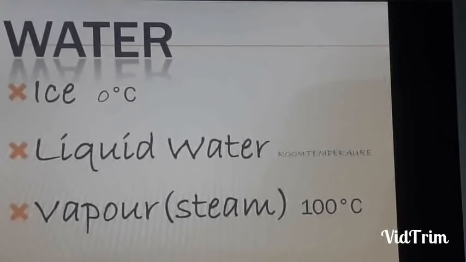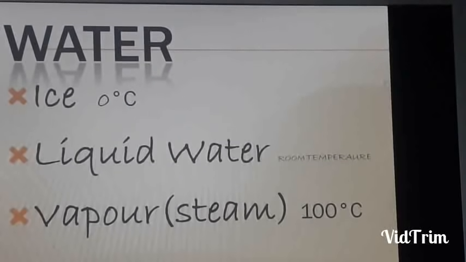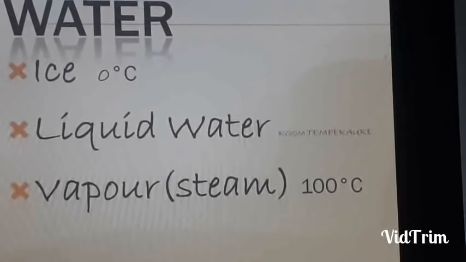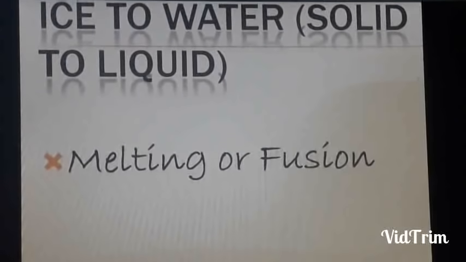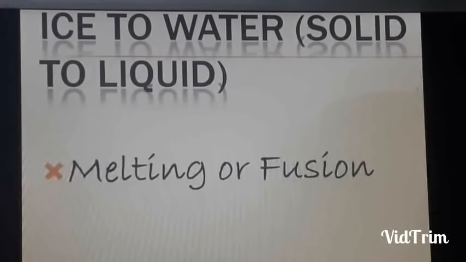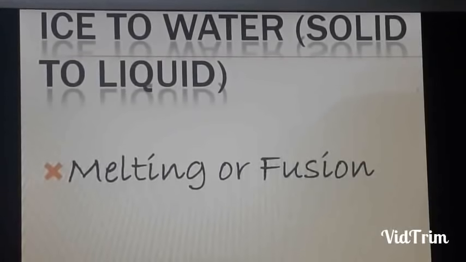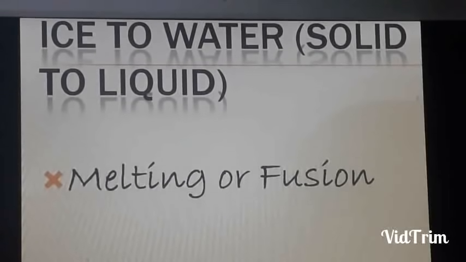The temperature of solid ice. How can we increase the temperature? Yes, by heating, right? So now if I heat ice, it will start converting into water, which is a liquid state.